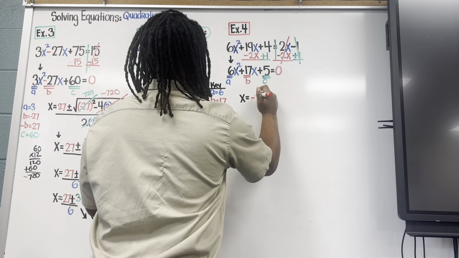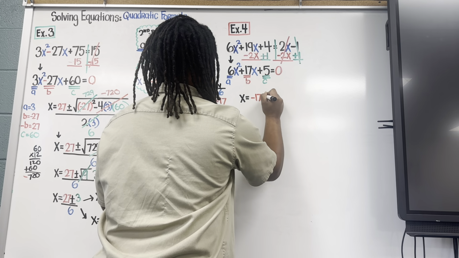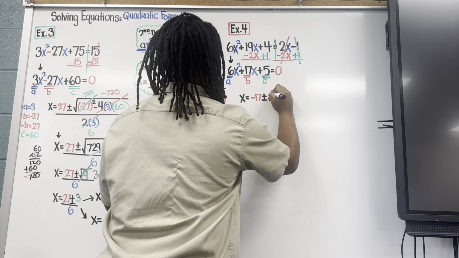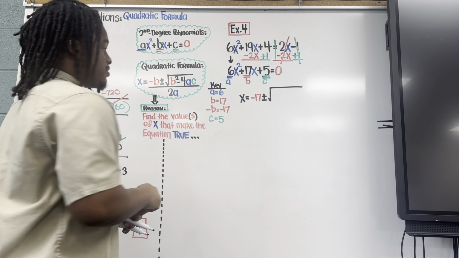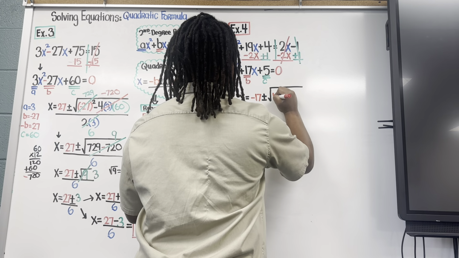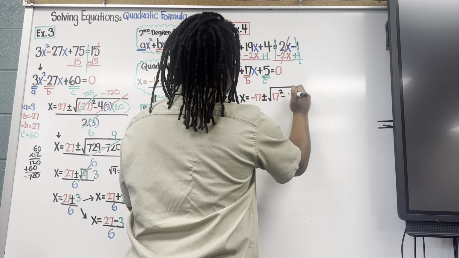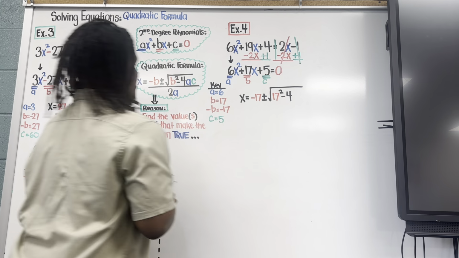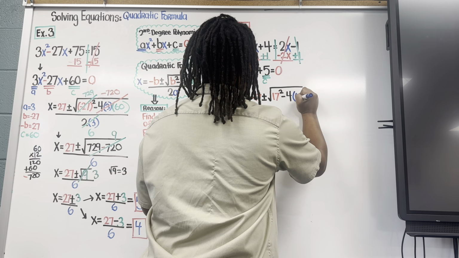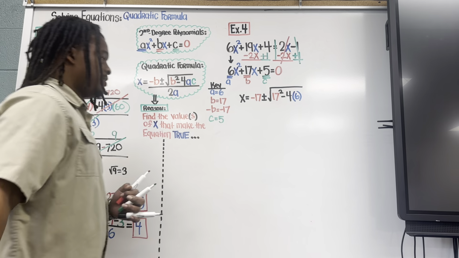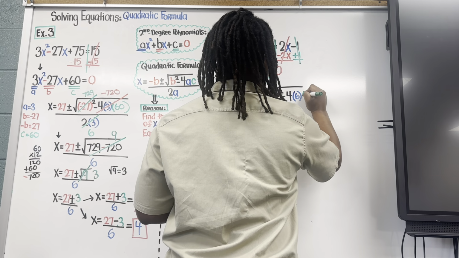So I'm going to put negative 17 plus or minus the square root of, now I have a positive b to the second power, so that's going to be a positive 17 to the second power, minus 4 times a. A is 6, so it's going to be 4 times 6. I'm going to put a positive 6 in parentheses, meaning that we're multiplying, times c, which is 5, times a positive 5.